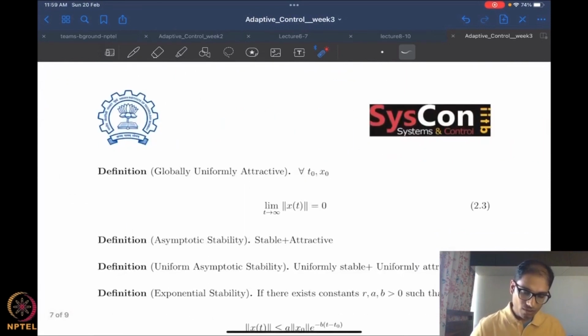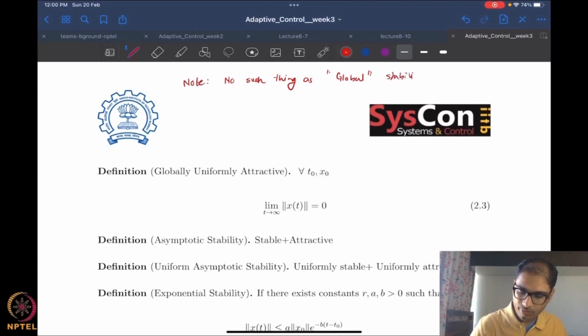All right. So we've already seen stability, uniform stability, and now we have seen three attractivity properties. Notice, I want to make this note: there is no such thing as global stability.